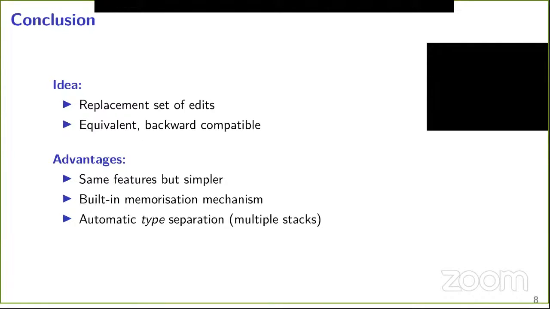You do not have to have multiple triplets of sublists and caches when you do high granularity recombination, because the memorization mechanism is built in with copy and cut, and it provides automatic type separation when considering multiple stacks. So you can also just throw your GI process at different types of genetic material, and hopefully it will just work.